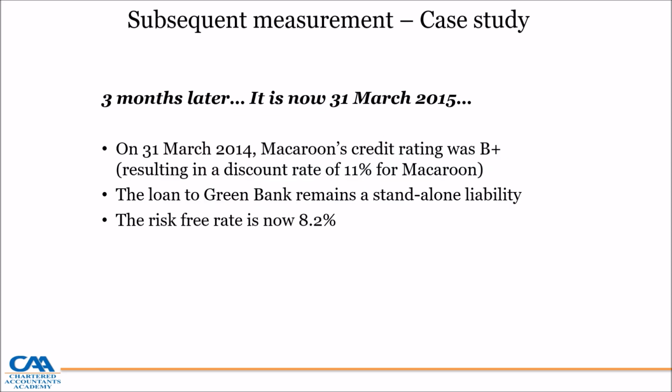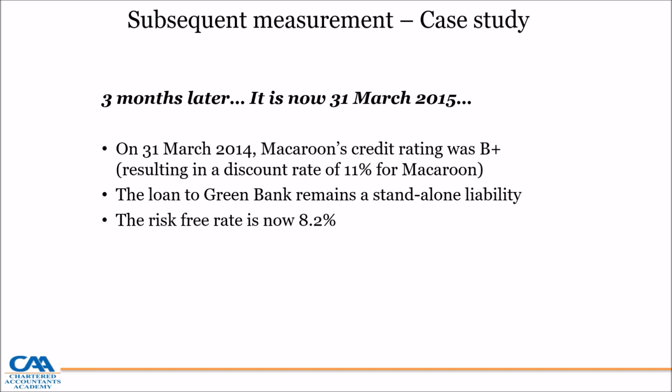Then 3 months later, we're told that Macaroon's credit rating drops to a B, resulting in a discount rate of 11% for Macaroon. The loan to Greenbank remains a standalone liability, and the risk-free rate is now 8.2%.